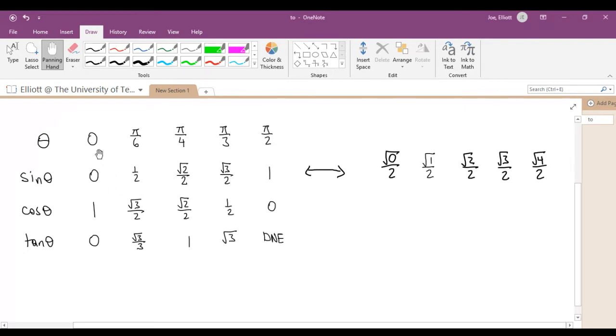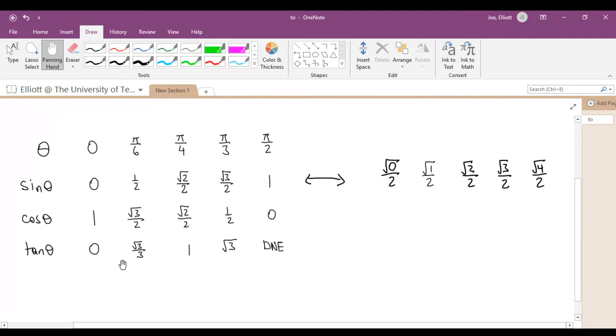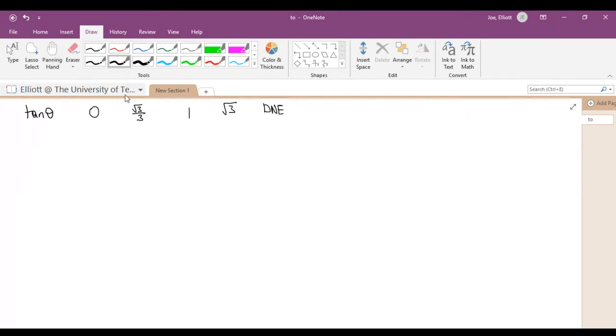Now, as I was saying, these are the angles in the first quadrant that you need to know. To figure out the values of sine, cosine, and tangent in the other quadrants, you can figure the rest out by looking at the unit circle.